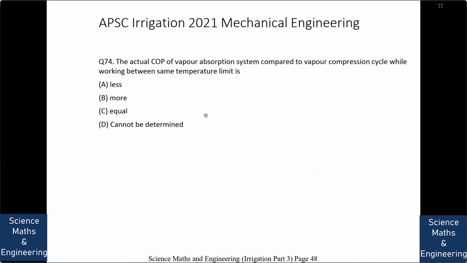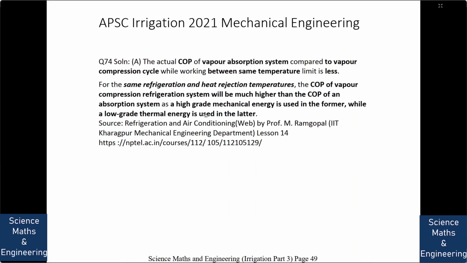The answer is A. The actual COP of vapor absorption system compared to vapor compression cycle while working between the same temperature limit is less. So COP of absorption system is less and COP of compression cycle is more. Okay.